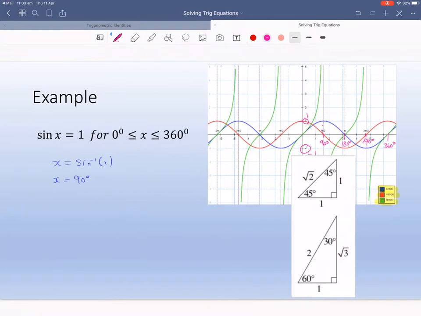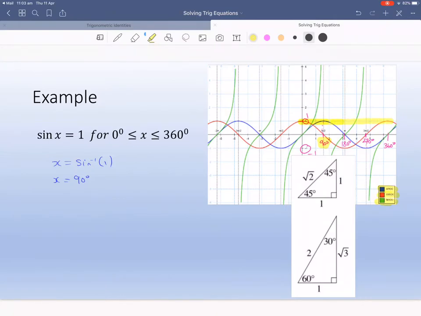So when is the sine wave 1? Well, it actually is what our calculator told us. It's 1 at 90 degrees, okay? And is there any other time that it happens at 90 degrees? Let's do the 1 all the way across.